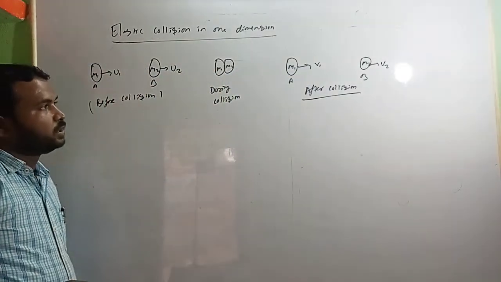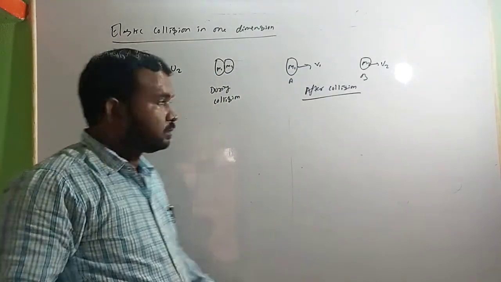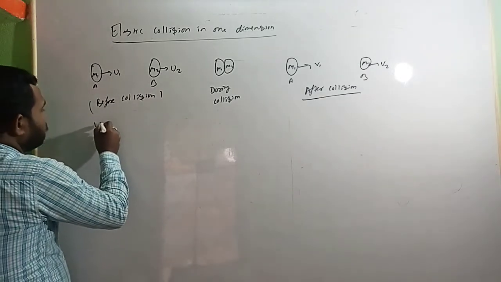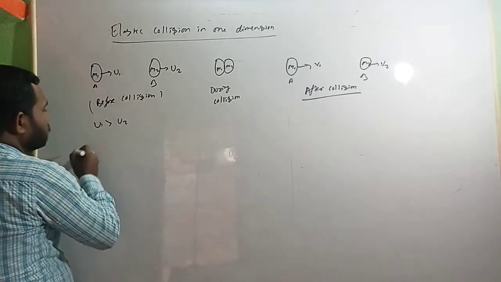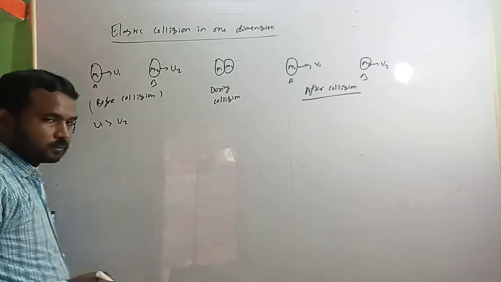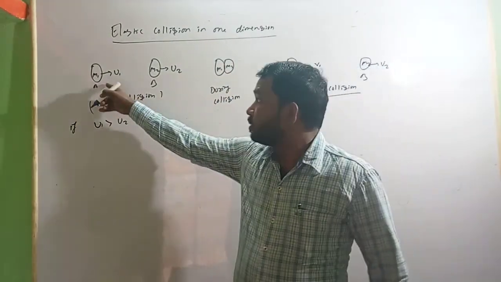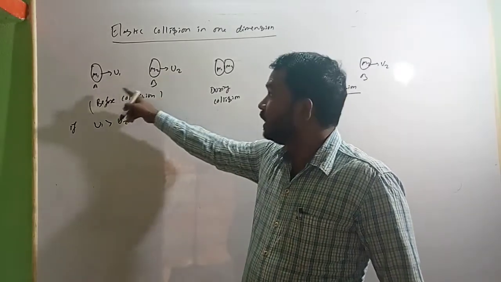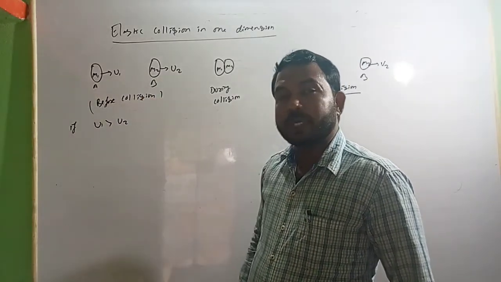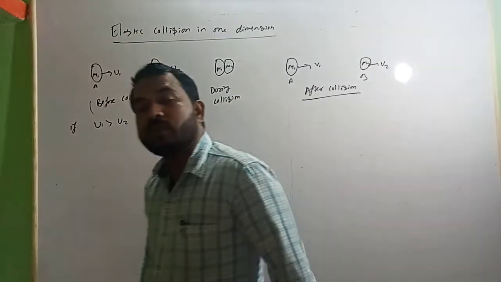But you know that during the collision, suppose u1 is greater than u2. If u1 is greater than u2, then A will collide with B. Okay, so what will happen?